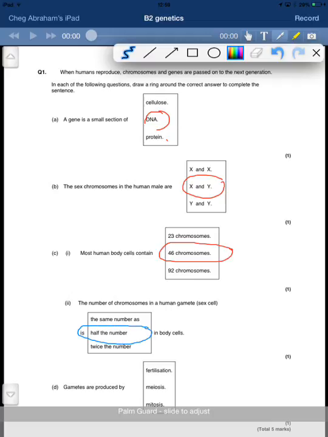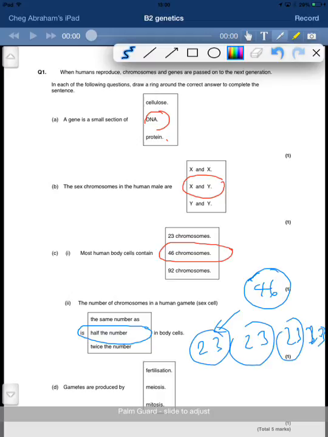That is because when you have 46 in a normal cell, meiosis turns it into 4 daughter cells that have 23. And that is because if the gamete has 23 and it meets another gamete, then we get the full 46 back when there's fertilization, when fusion occurs.